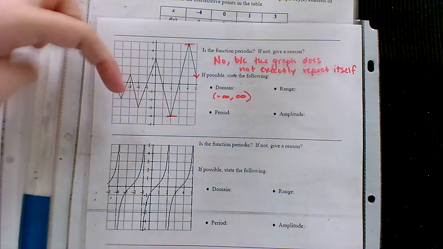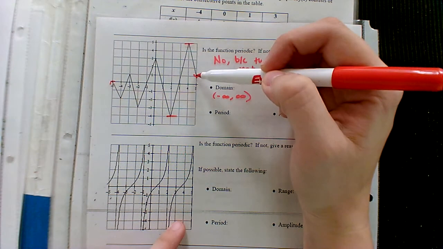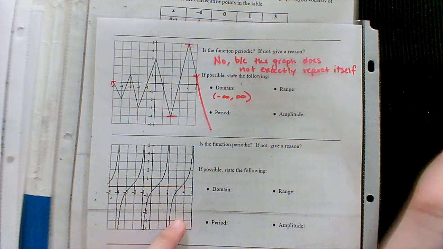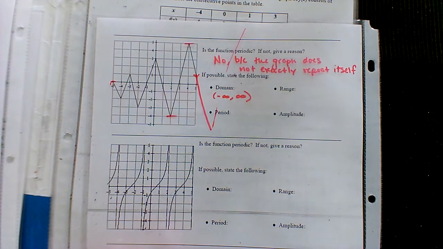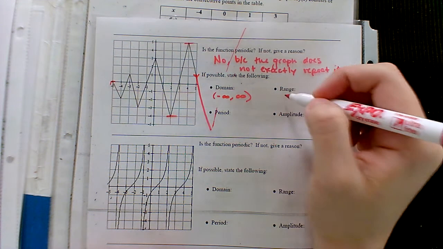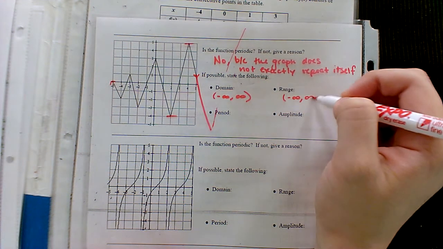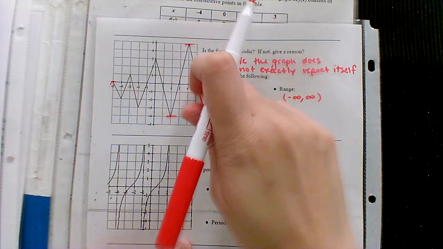But if we were to repeat the jagged pattern, wouldn't this one go down even lower? And then it would go up even higher? Can you see that? So what would our range be? If it keeps going lower and higher after every cycle, it'd be in parentheses, negative infinity to positive infinity. Good.